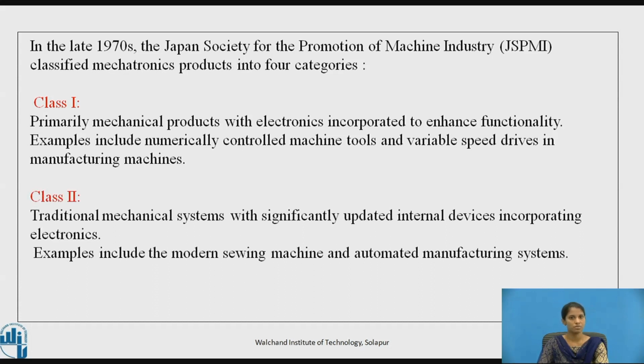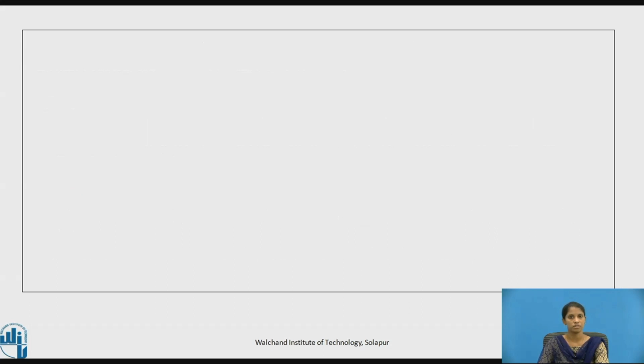The class 2 systems are traditionally mechanical systems with significantly updated internal devices incorporating electronics. The example includes modern sewing machine and automated manufacturing systems.